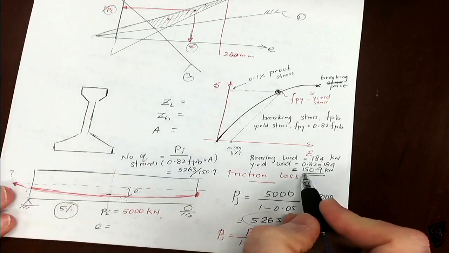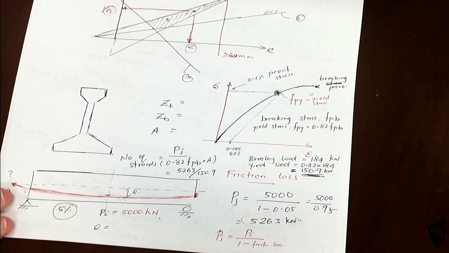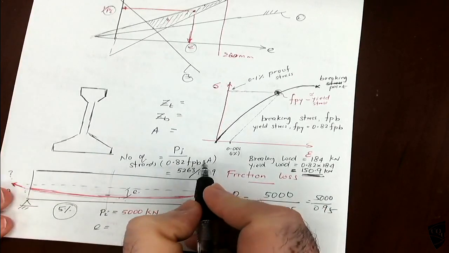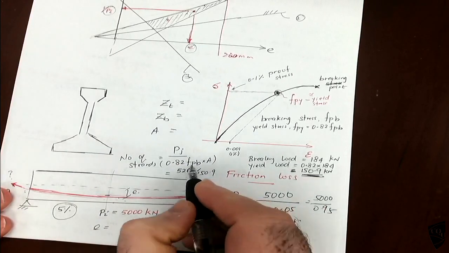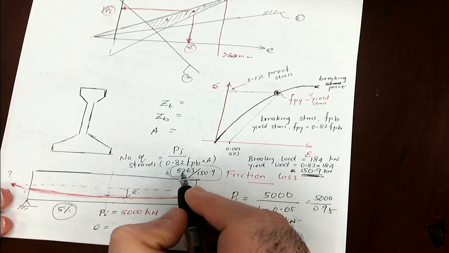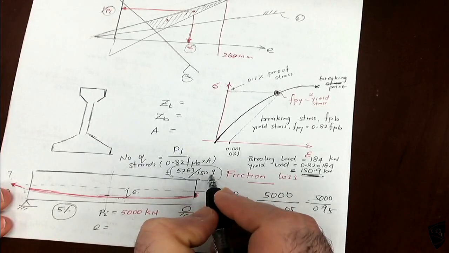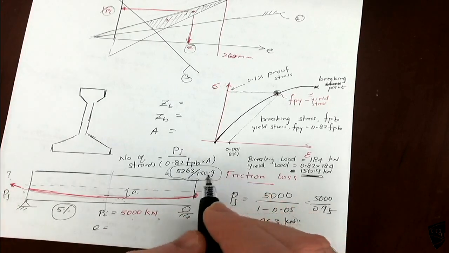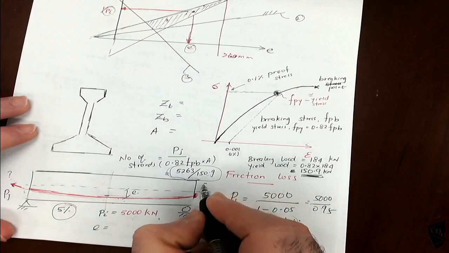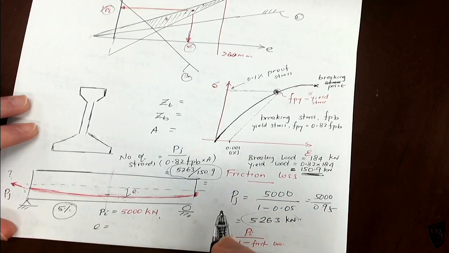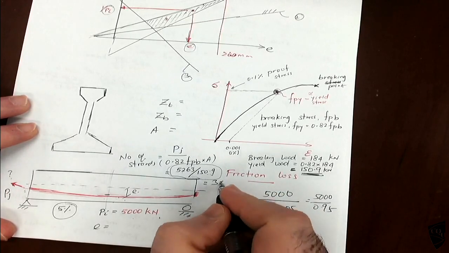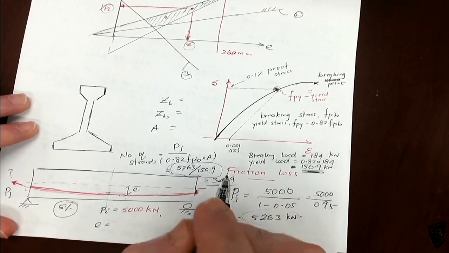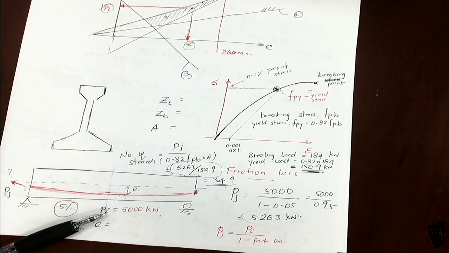Each strand you can apply this much. So the applied load divided by the yielding load, you may get how many? 34.9. So I will use 35 or 36. Better to use 36. So 36 strands you need.